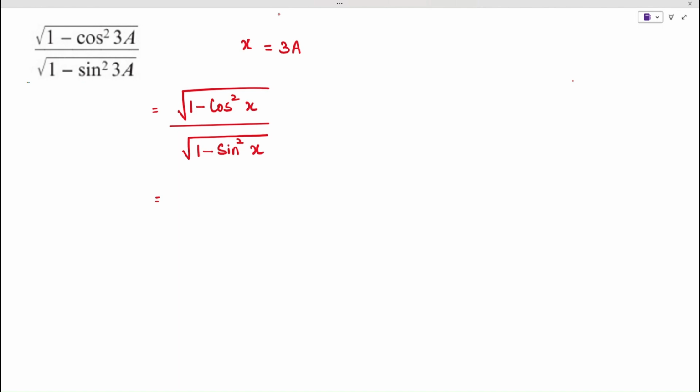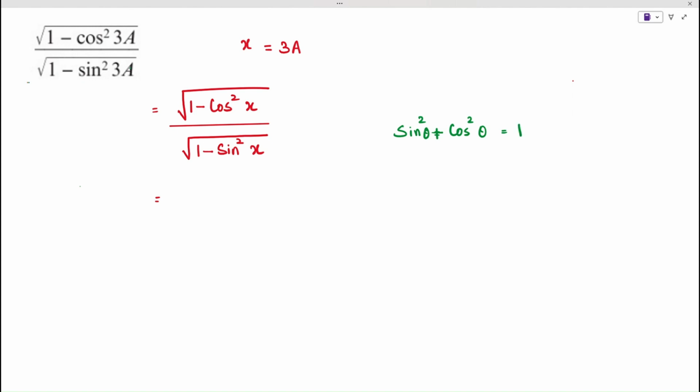Now we can use one of the trigonometric identities. The one that we're going to use in this scenario is sine squared theta plus cos squared theta is equal to 1.